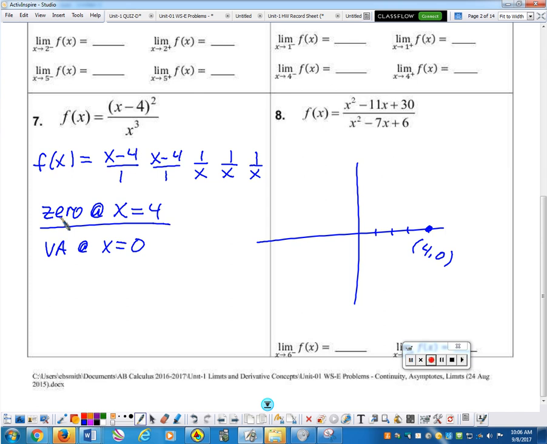Factors that only occur in the denominator, as long as there's a value of x which can cause that factor to equal 0, that will cause a vertical asymptote. If you have, as Ken noticed, matching factors top and bottom, as long as there's a value of x which can cause both factors to equal 0, that causes a hole.